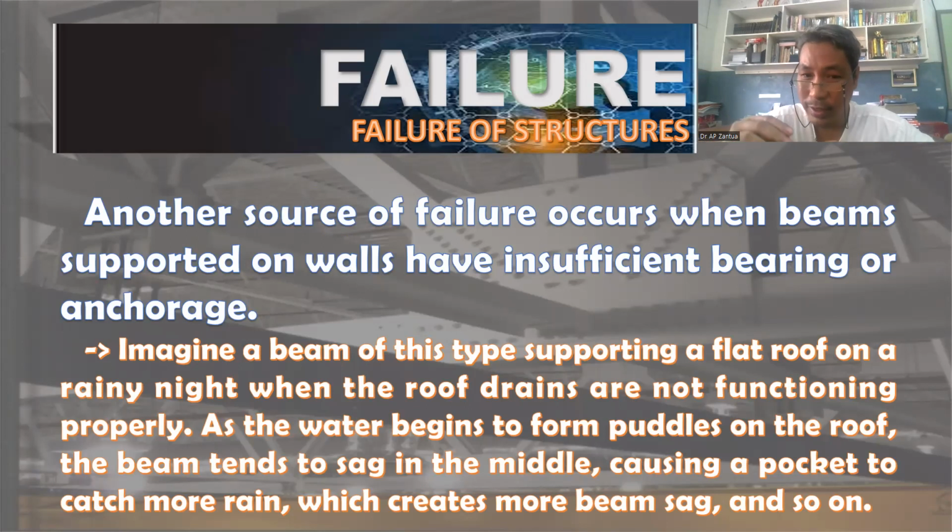So it will increase the sag, then create more pockets, then catch more rain, and then become even greater sag, and then catch another, and so on, continuously deteriorating, negatively.